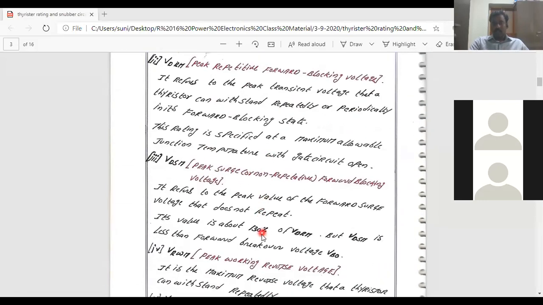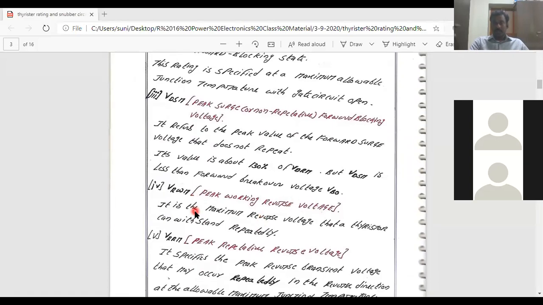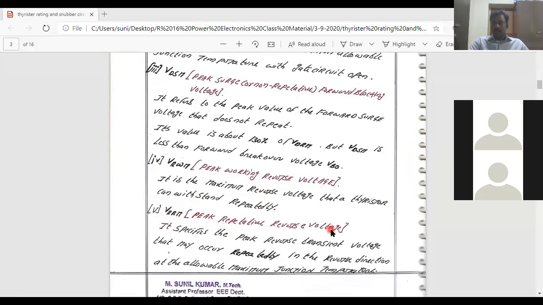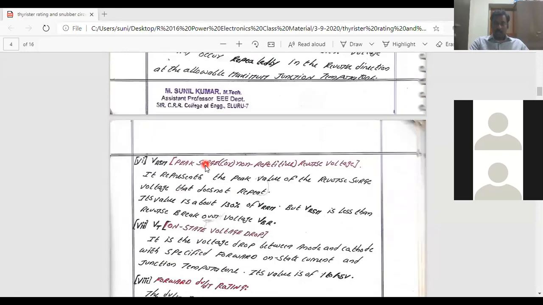All these voltages are going to be defined for the device. Similarly, peak working reverse voltage, peak repetitive reverse voltage. Okay, all these parameters are going to be defined for whatever SCR we are going to consider.